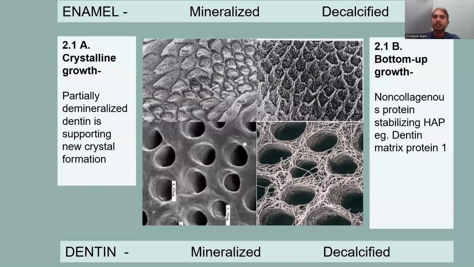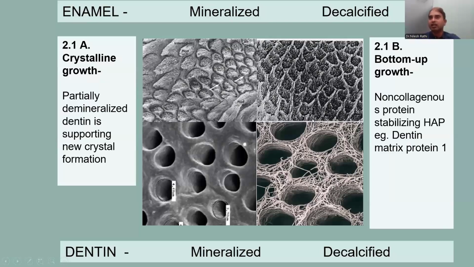So whenever there is some amount of loss of inorganic tissue and the tissue contains less amount of inorganic substance followed by good amount of organic substance, this category of crystalline growth will be helpful to repair such kind of dentine and enamel. So this is called top to bottom remineralization.